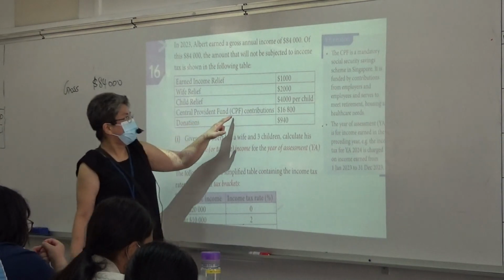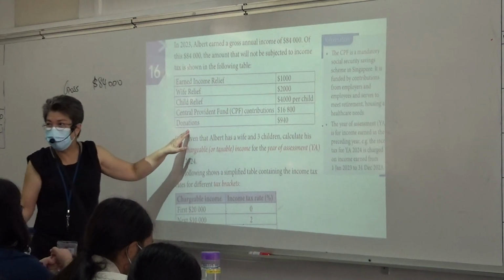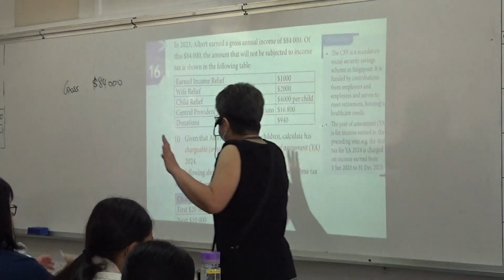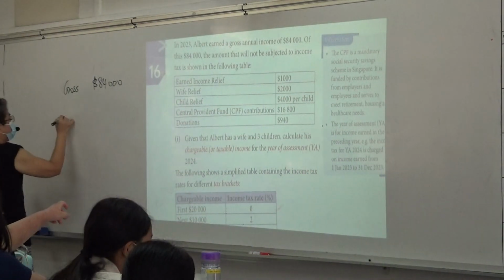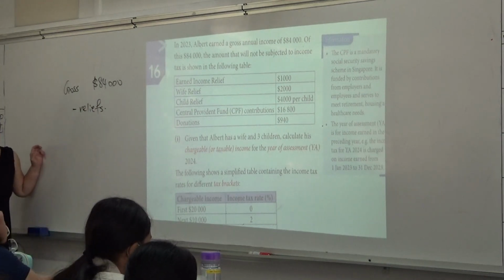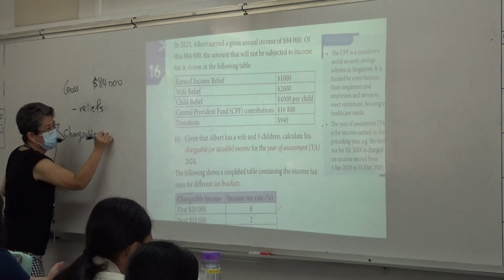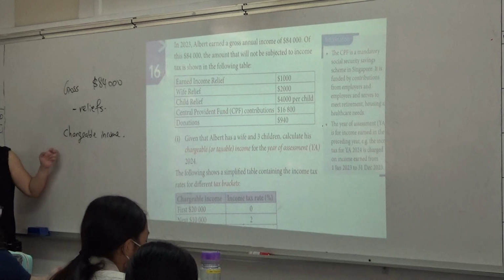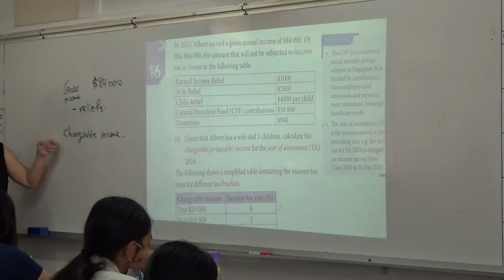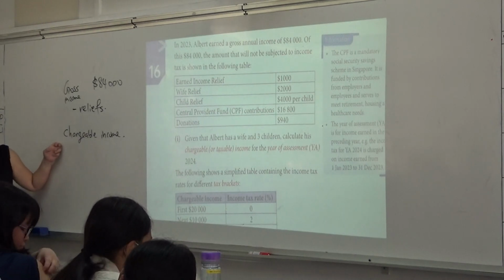Central Provident Fund, CPF, is also deducted. Donations to charitable organizations are also deducted. Understand? After you deduct everything, minus the reliefs that you can claim, it becomes the chargeable income. This is the gross income. Chargeable income is then taxed, after all the reliefs are deducted.